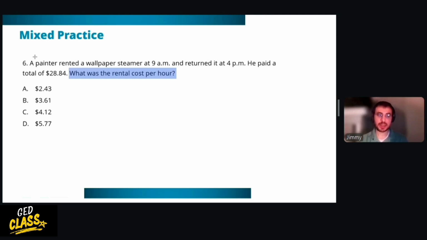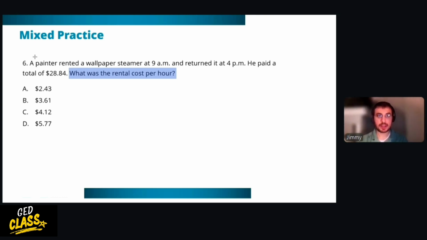Actually, it is a rate, Edie, because cost per hour, that's basically you take one kind of unit of measurement, which is cost, and you divide. Per means divide by hours, which is another unit of measurement. So we have one unit of measurement divided by another unit of measurement. That is definitely a rate.